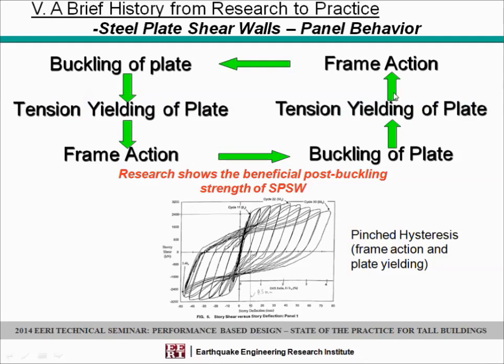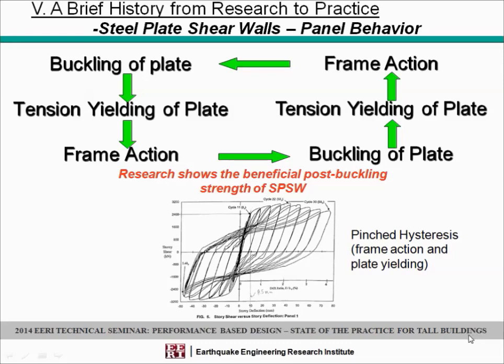This is the true behavior. It starts with the upper left diagram, where once you have started drift, or the building drifting, and interstory drift, you initiate buckling of the plate at a very early stage.